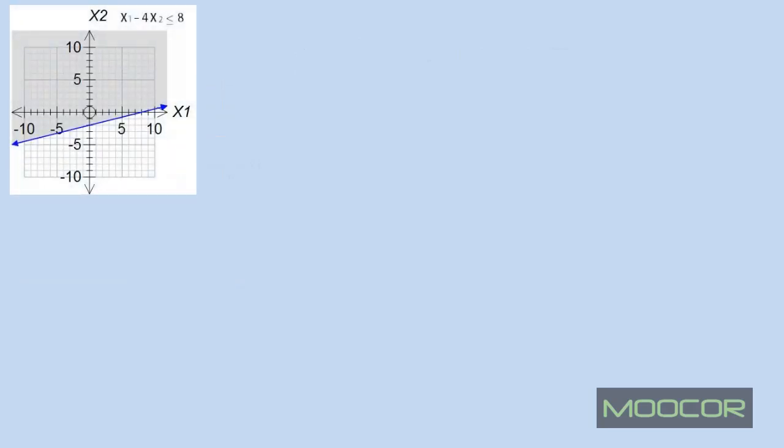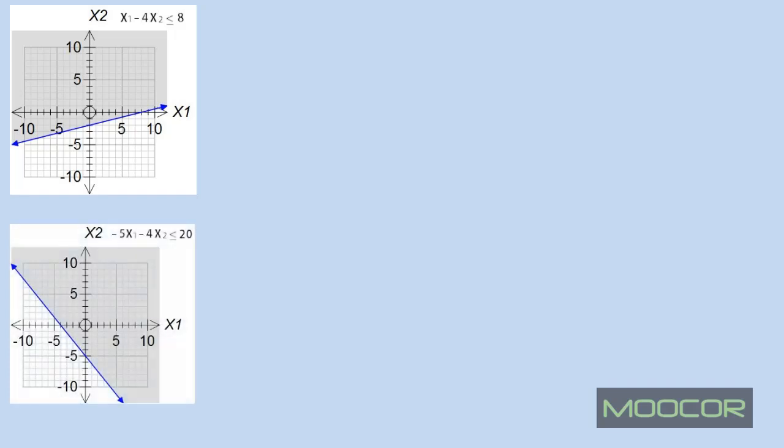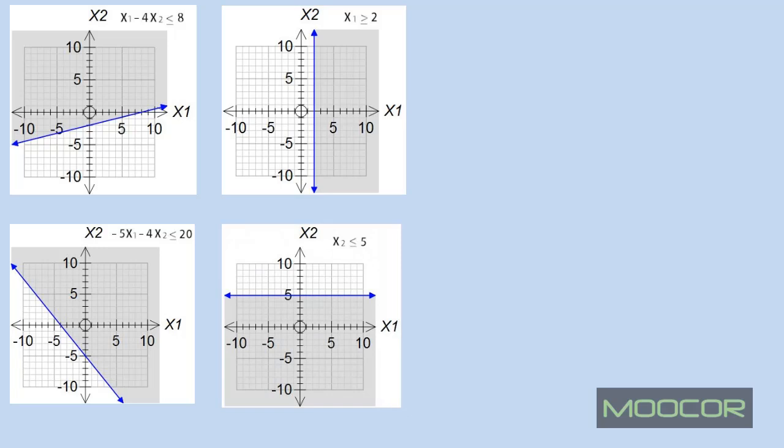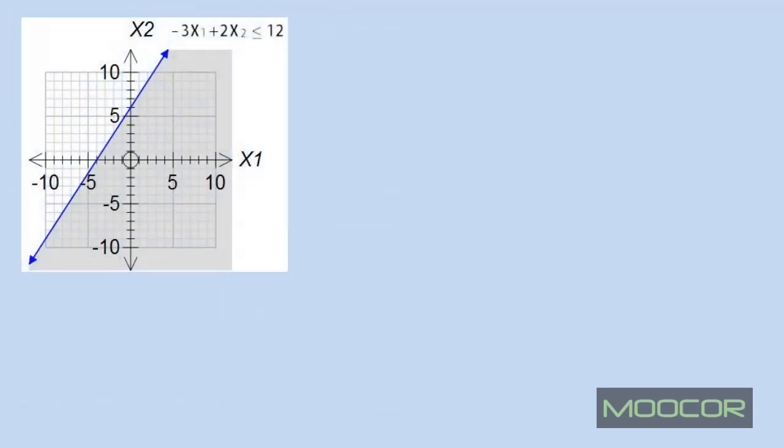So let's look at some of the lines that we have drawn here and see how they work. It's a very simple process to find the solution. First of all, you plot the line. Second, you find a test point and use that test point to figure out where the solution is.